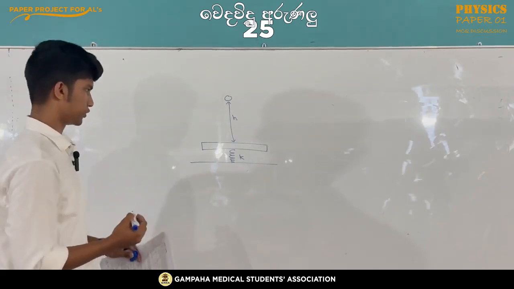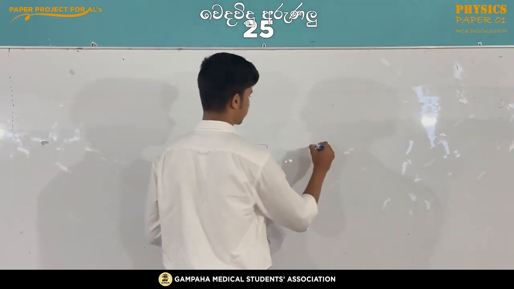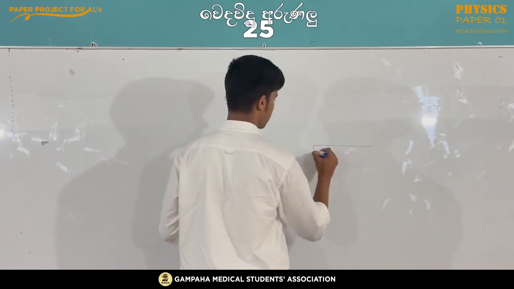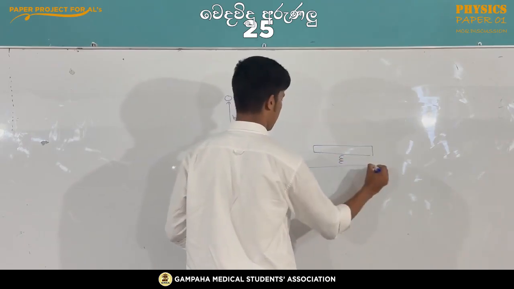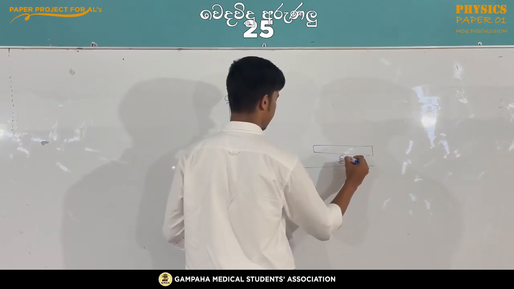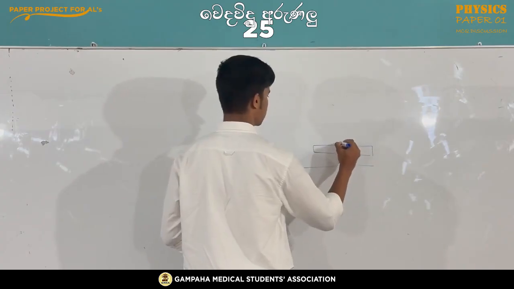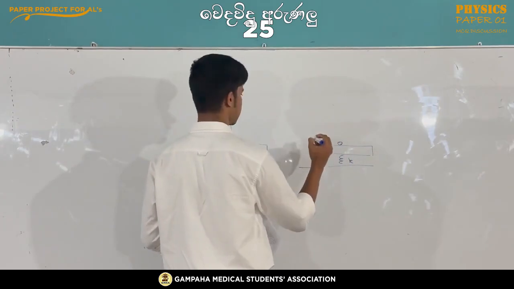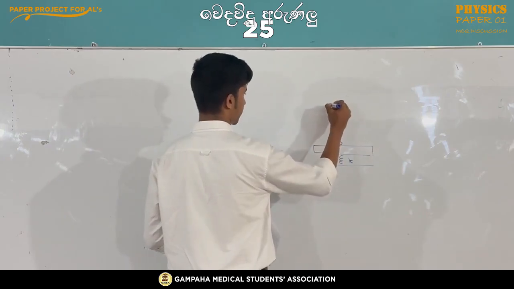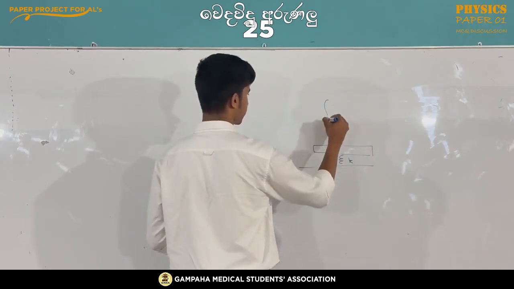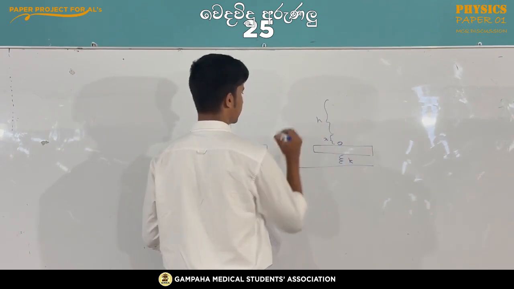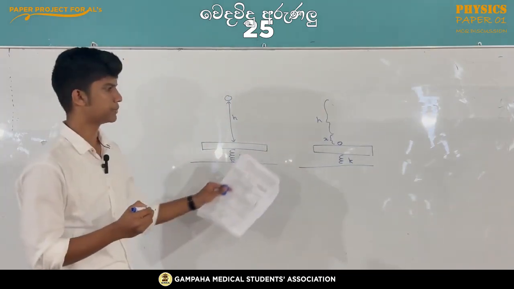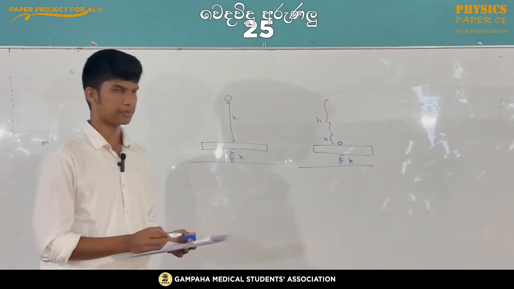Now after the ball is dropped, after the ball lands on the wooden plank, the spring compresses by a distance x. So the total distance, the total height the ball has moved from its original position is h plus x. So we should always remember that the ball is moving a x distance as well, since the spring compresses.